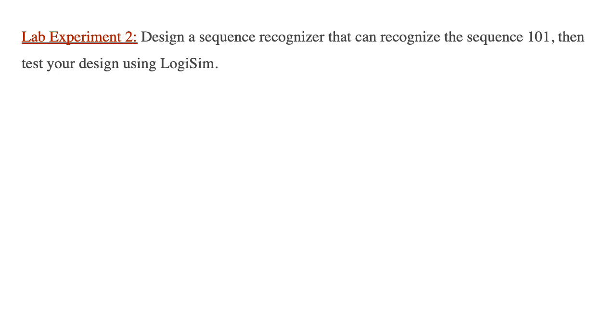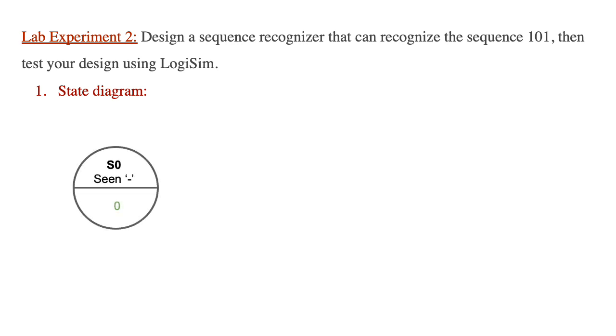We're going to start with the first step, which is designing the state diagram. Since the length of the sequence is 3 bits, that tells us we're going to need 4 states if we're implementing this using a Moore machine. So we're going to start with state 0.